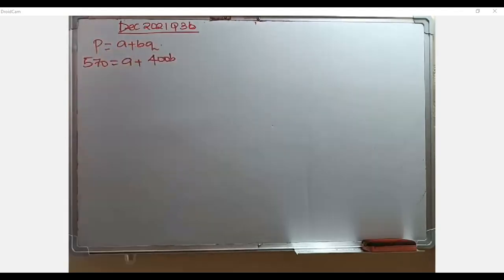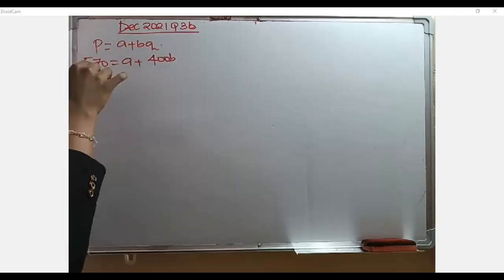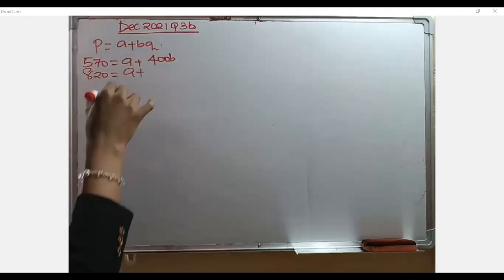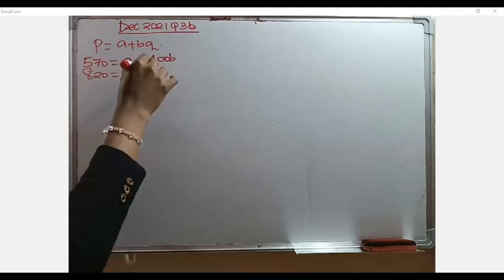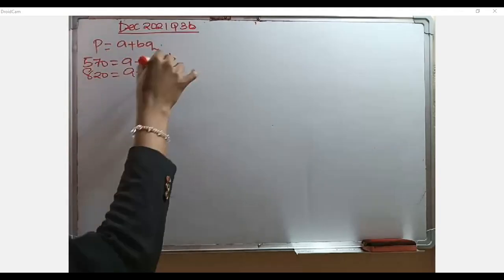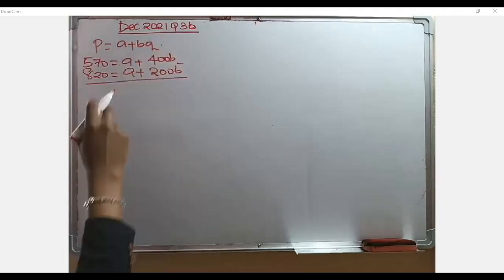The other one will be if the price is increased to 820. It will be A plus 200B. Once you eliminate, we will be able to get 0A.